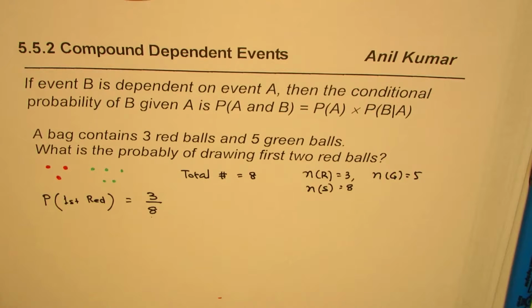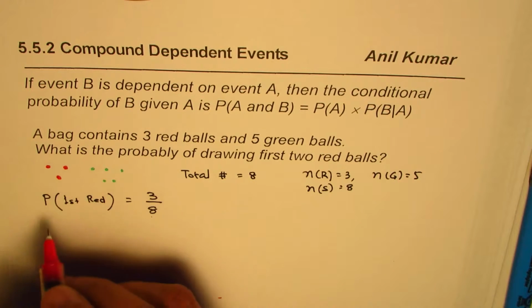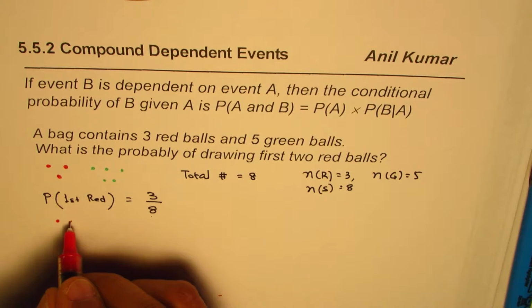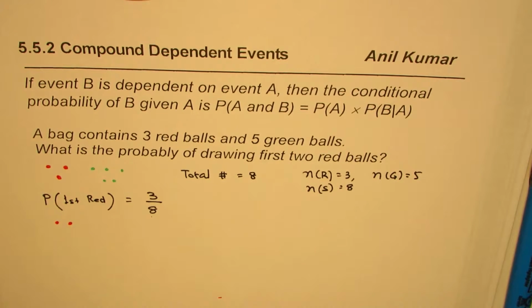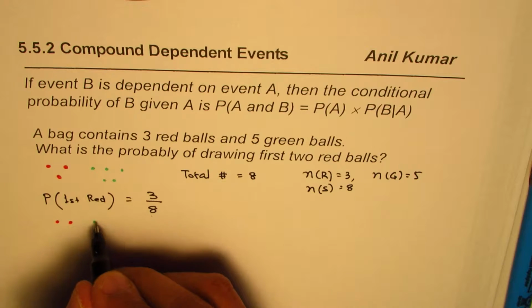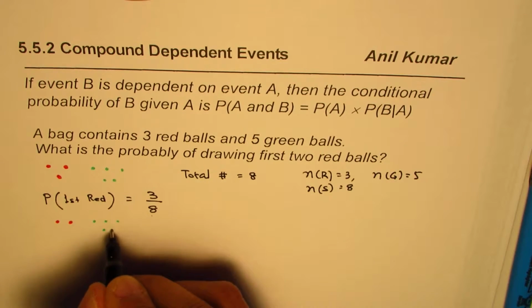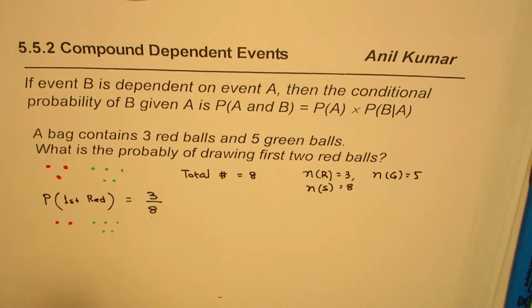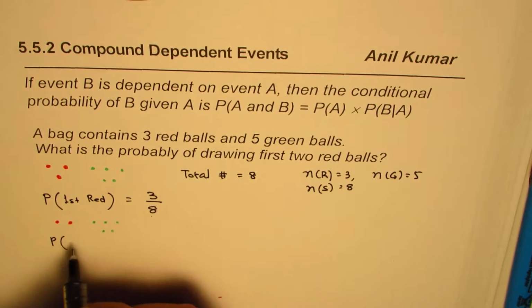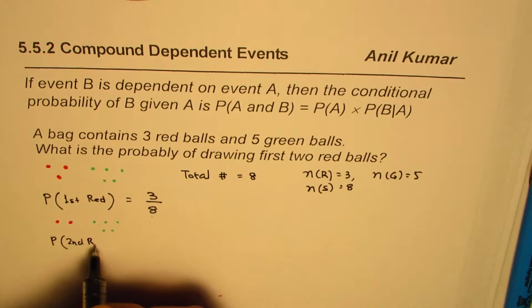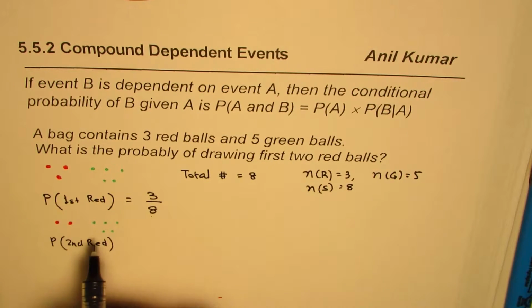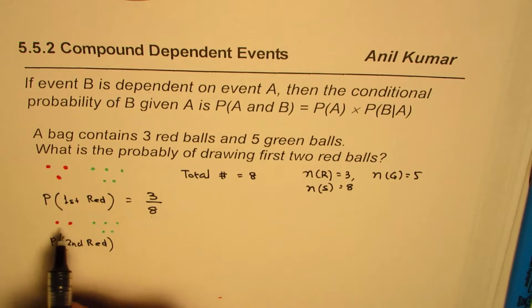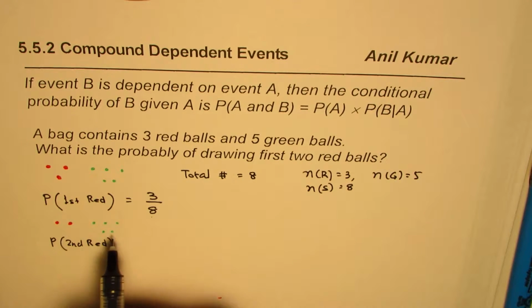Now what happens when you draw a red ball? The scenario changes, right? So after that, before you draw the second ball, the scenario is that we are left with only 2 red balls. Now, what is the probability to draw second red ball? Think like this. Now in this case, number of red balls is just 2 out of 7.